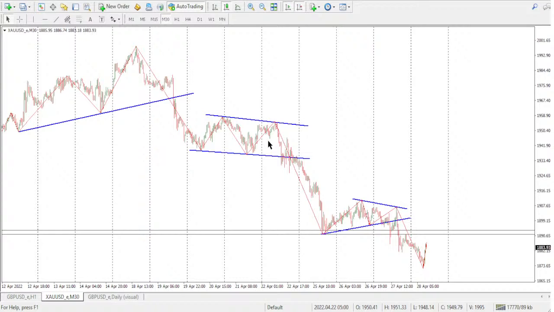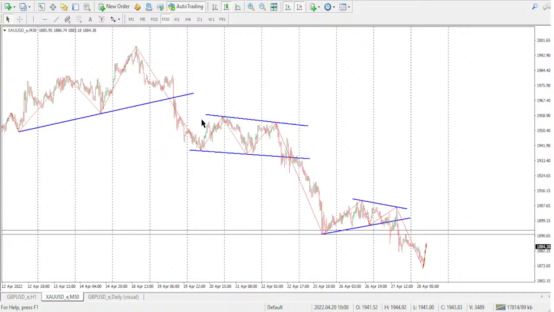You can also do the same thing whenever you're drawing. Just ensure that you remain with these zigzag lines.